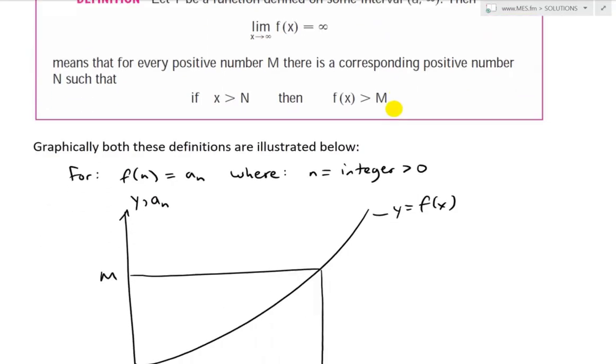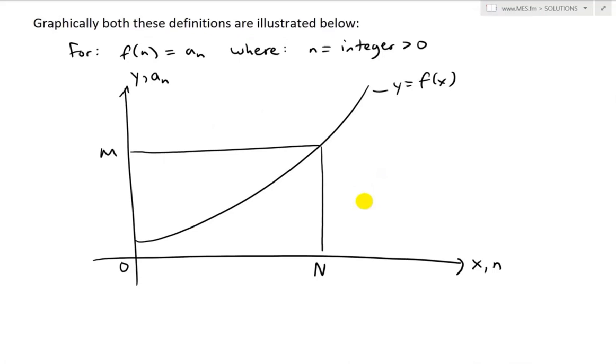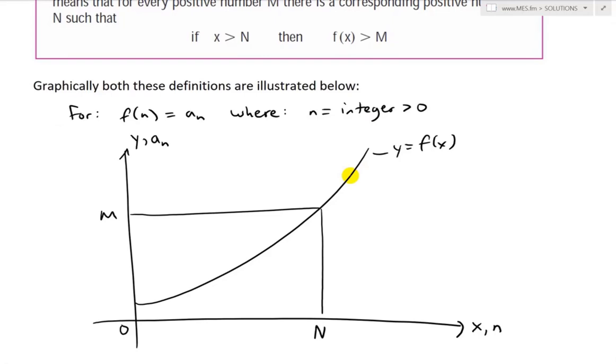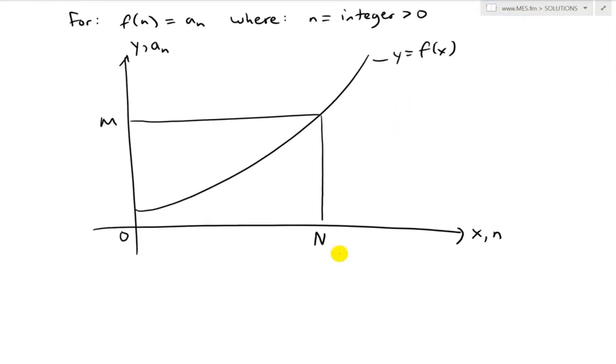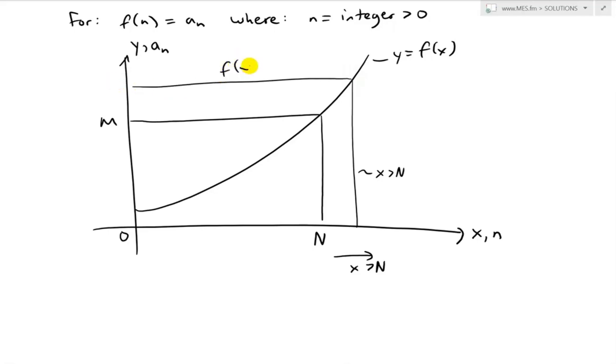Such that we have f(x) is greater than M if x is greater than N. So to the right here, we have x greater than N. If x is greater than N, we'll always get a point like this, and it corresponds to a number all the way across here, where f(x) is greater than M. So this height is greater than this one, when x is to the right of N. And likewise for sequences, let's say 1, 2, 3, 4, that corresponds to the function.